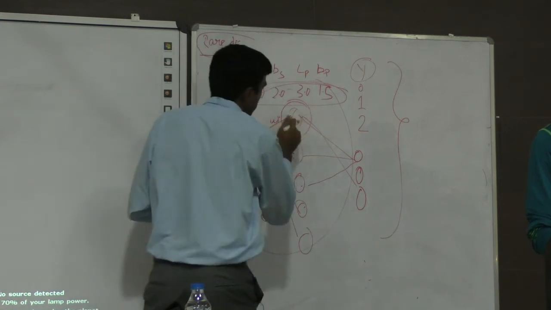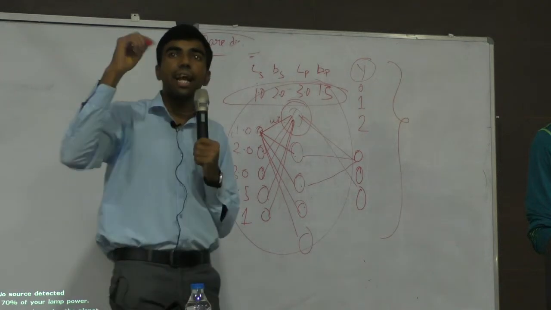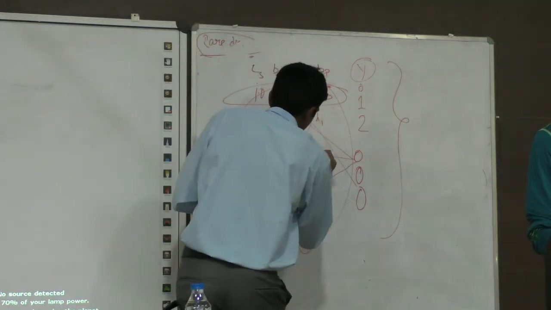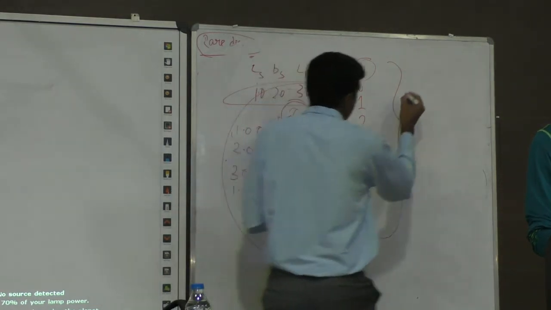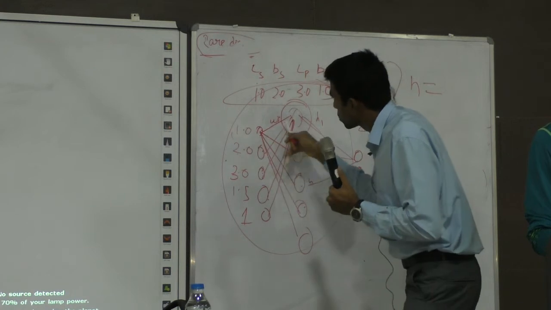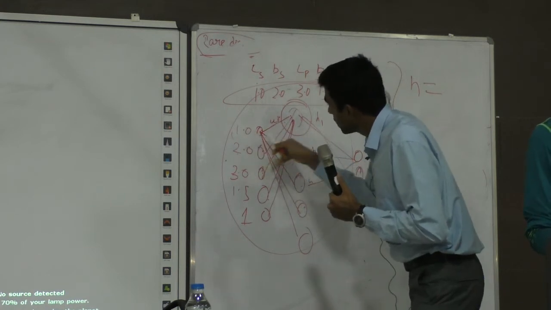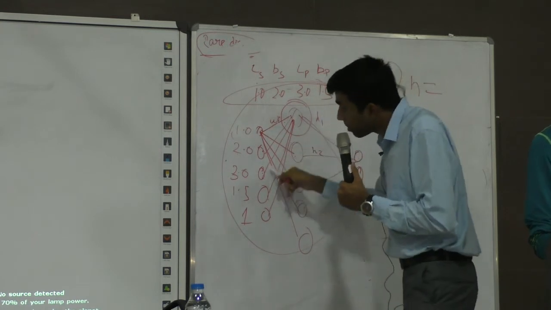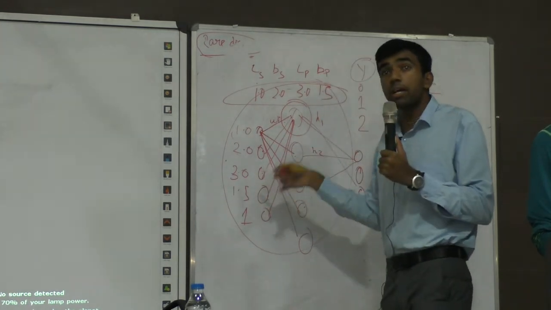After multiplication with the weights over here, I call the result H. This is H1, this is H2, this is H3. What is H? H is the respective weights multiplied with the respective elements.